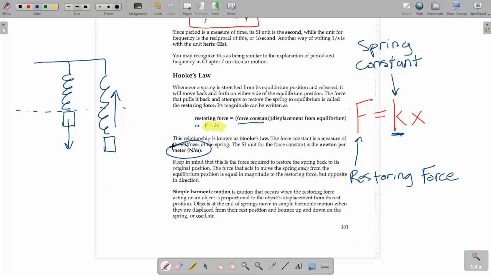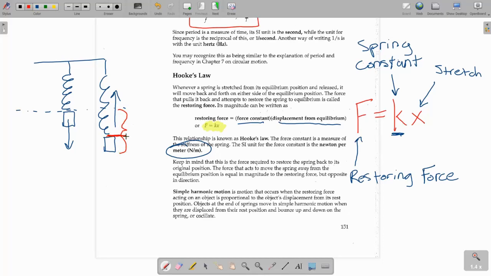And then X right here, they refer to it as the displacement from equilibrium, also known as the stretch of the spring. So how far did we displace it from the equilibrium position? That would be basically this distance right here. Sorry, I should have ended that right there.